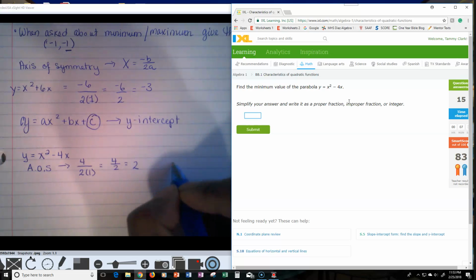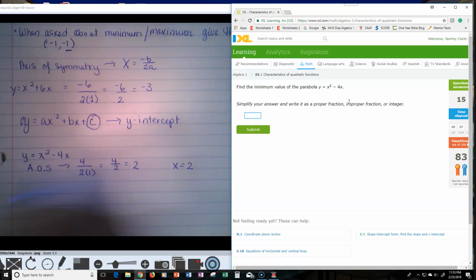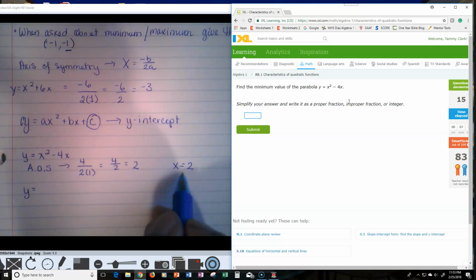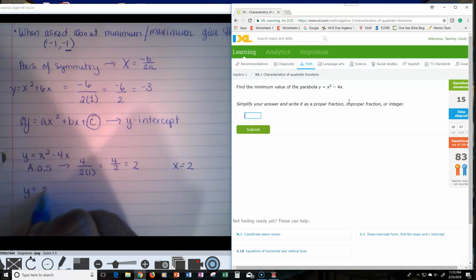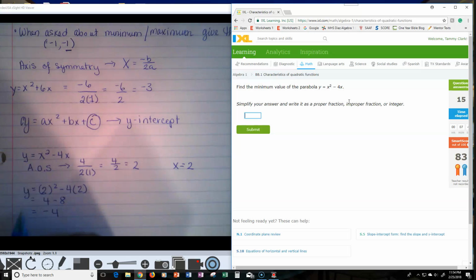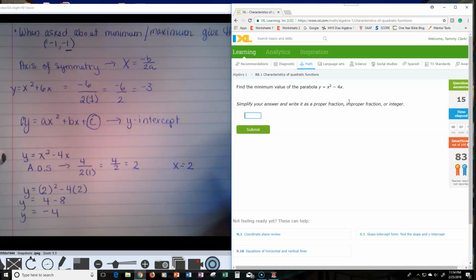So x is equal to 2. Now we're going to take that information, the x, and we're going to substitute. So we've got 2 squared minus 4 times 2. That gives us 4 minus 8, which gives us negative 4. So y, therefore, is equal to negative 4.